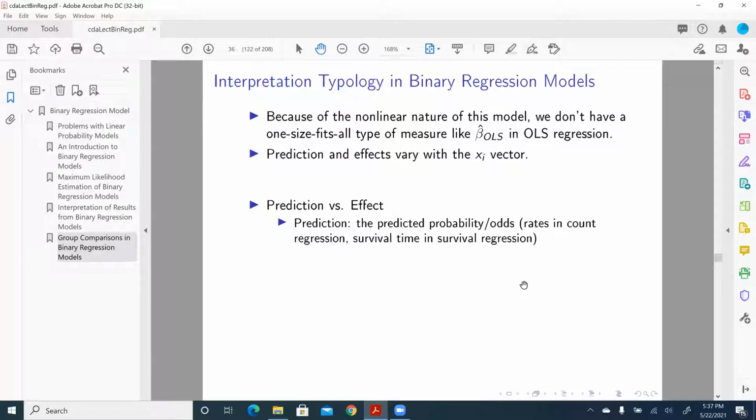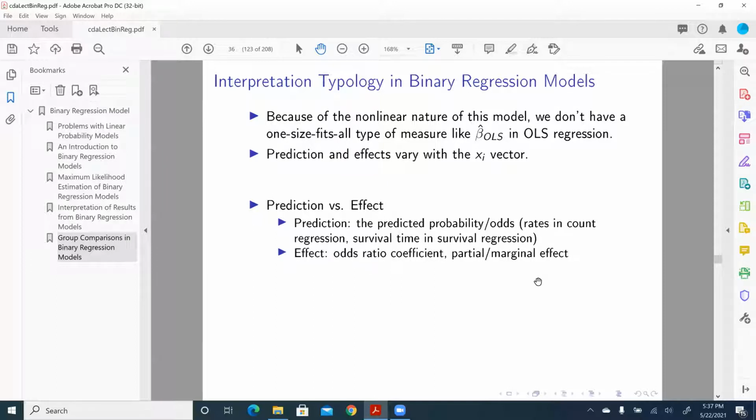So here we could have prediction measures based on the response variable. Sometimes it's predicted probability, other times it's rates and survival time for more advanced categorical and limited response variable models.